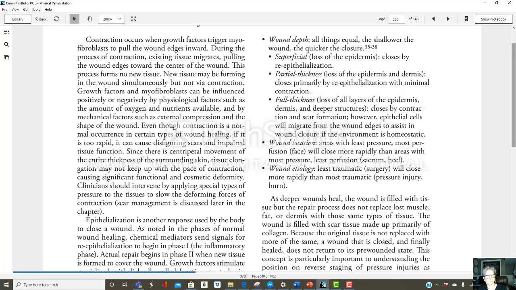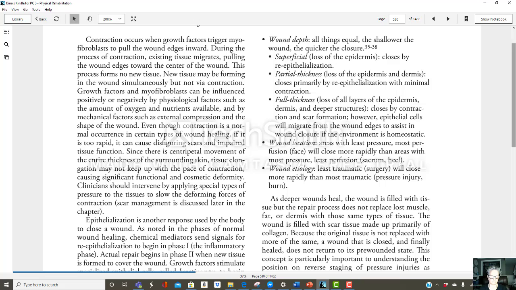Growth factors in myofibroblasts can be influenced positively or negatively by physiological factors such as the amount of oxygen and nutrients available, and by mechanical factors such as external compression and the shape of the wound. Even though contraction is a normal occurrence in certain types of wound healing, if it is too rapid, it can cause disfiguring scars and impaired tissue function, since there is centripetal movement of the entire thickness of the surrounding skin.